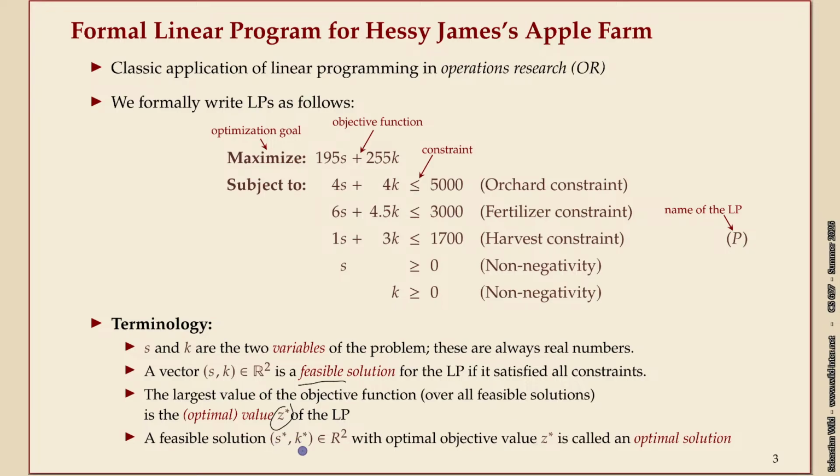And we'll also denote this by the variables with a star. Now, this need not be unique in general, right? There could be many ways to pick the variables to maximize the objective, but any of these will be called an optimal solution. Okay, names clear.